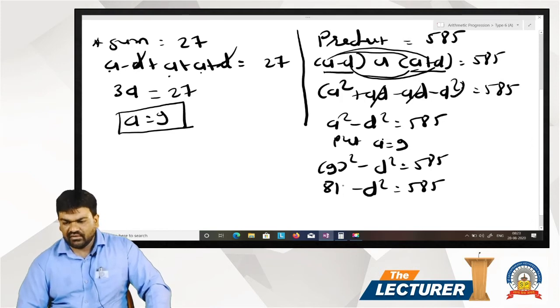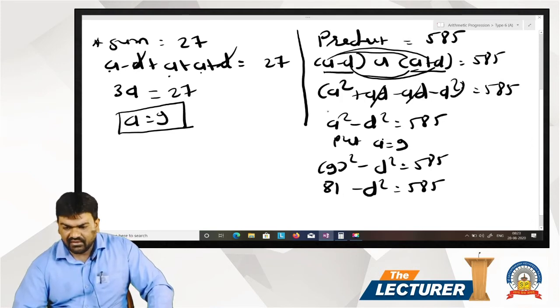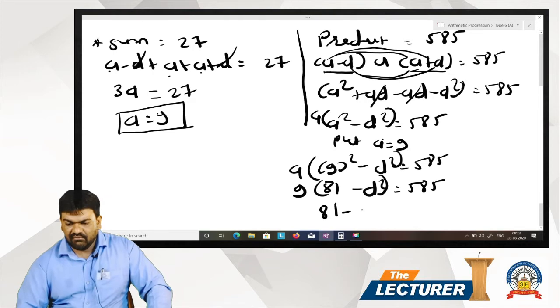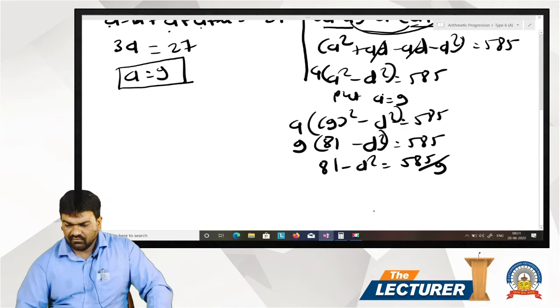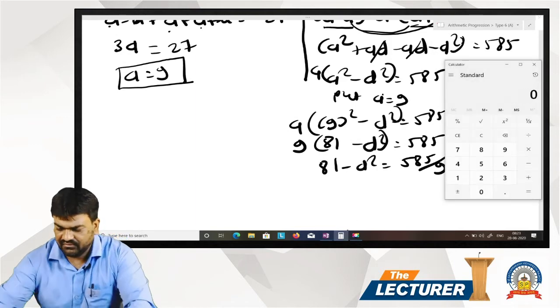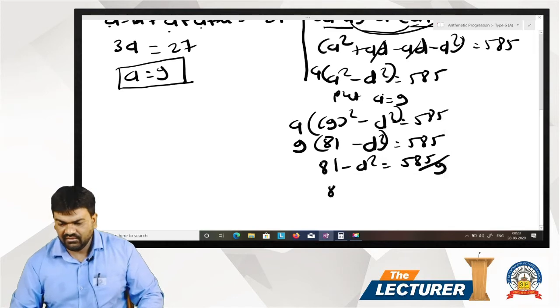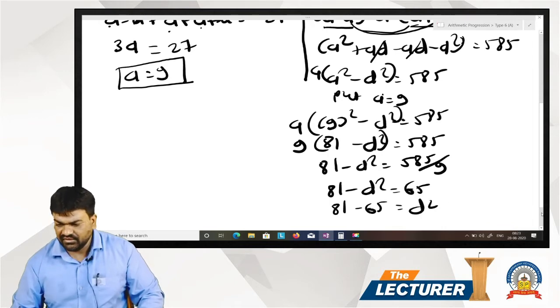This is multiplied by A also, A multiplied by 9. Now 81 minus D square, 585 divided by 9, that is 65. 81 minus D square is equal to 65. 81 minus 65 is equal to D square.